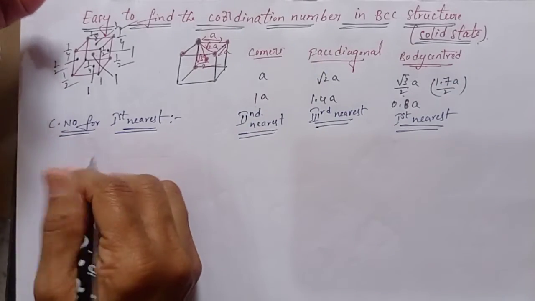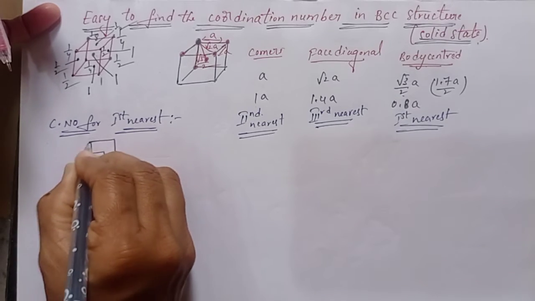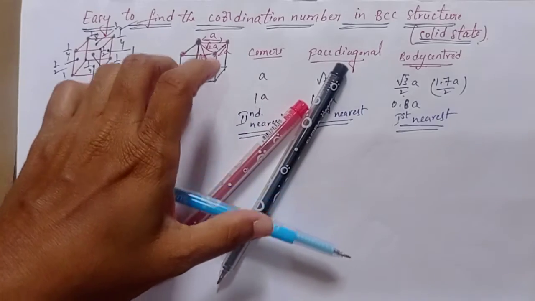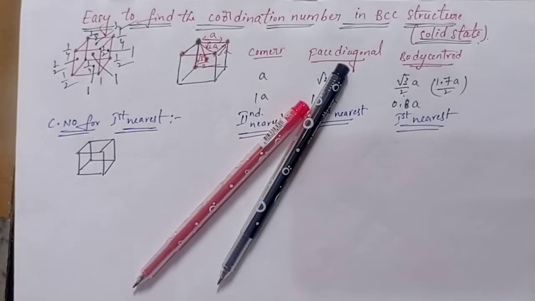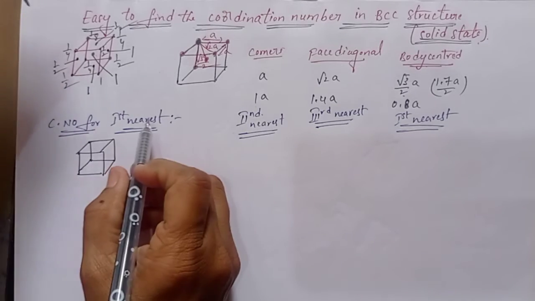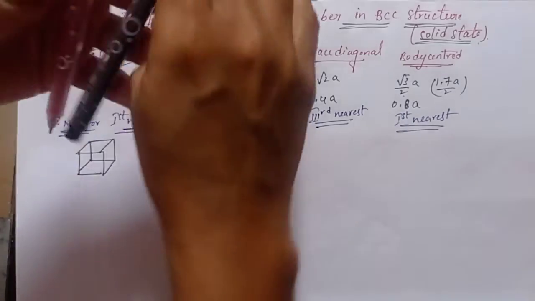Now again I am taking the simple cube, students. I'm going to calculate the coordination number for first nearest. I'm taking the cube here. This is the considered particle.